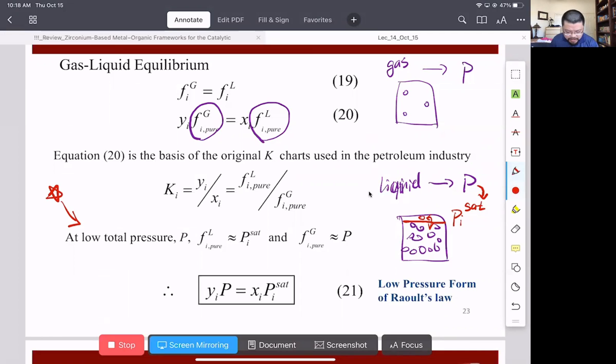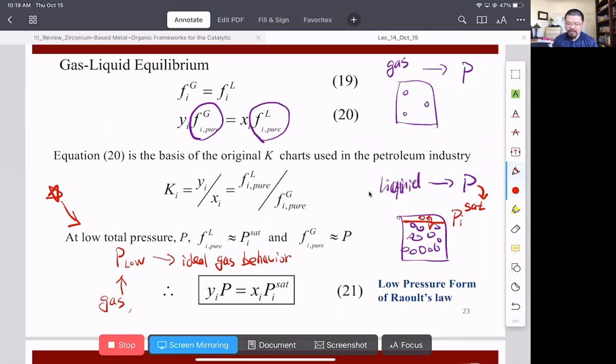So we say that the total pressure is low. If this is low pressure, then for the gas phase, I hope you realize that we can assume what? Ideal gas behavior. Right? The pressure is low, the real gas phase will return to the ideal gas region.